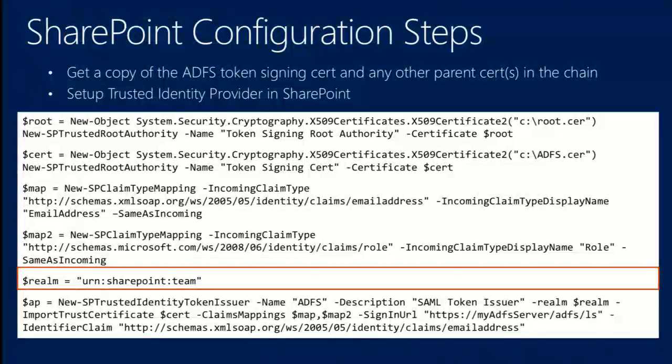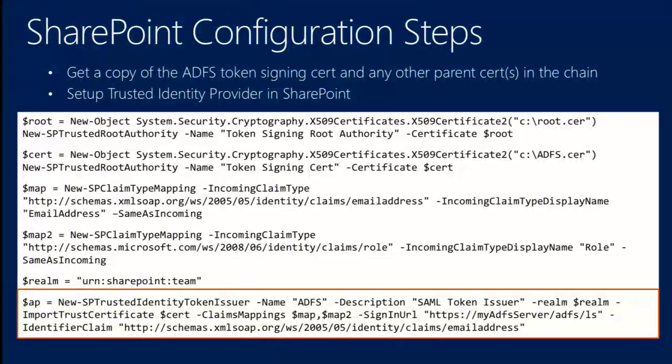Finally, after we define all this, we get to create our SharePoint Trusted Identity Token Issuer object. In here, we're basically tying everything together. We're passing in the name attribute. The name attribute is what's going to show up when you configure your web application and you get a list of providers that are available to you. Again, the realm needs to match exactly what you typed in when you configured ADFS.